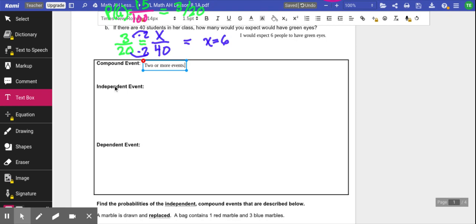Independent means that the 2 events do not affect each other. So maybe I have a spinner and I have a dice. What happens on the spinner has no effect on what's happening on the dice. So these are 2 events that do not affect one another.